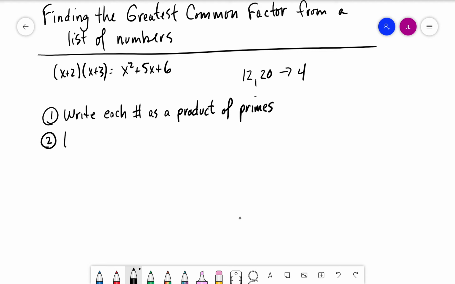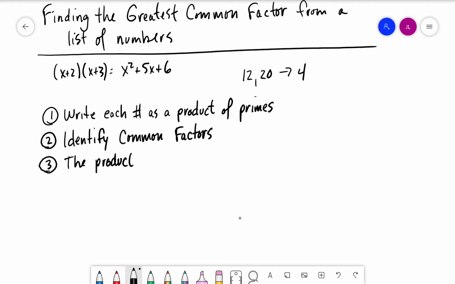Two, identify common factors. And three, the last thing we want to do is take the product of the common factors we have. The product of those from step 2 is the greatest common factor. If we don't have any common factors, then the greatest common factor is 1.